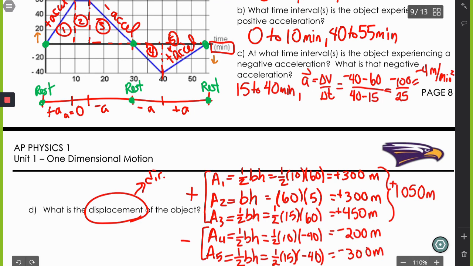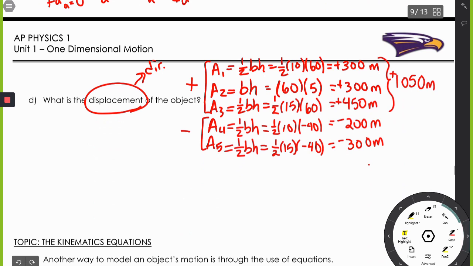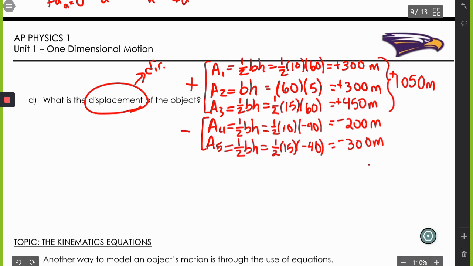So let me hand this up a little bit, because now I've worked out everything. I don't need to worry about the graph anymore. So that means that I've gone negative, come back 500 meters.